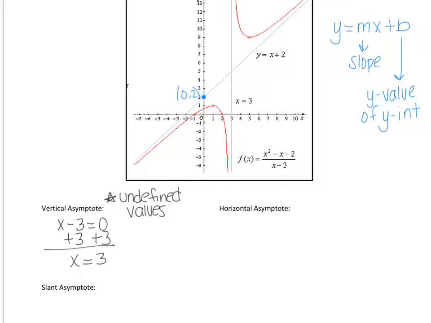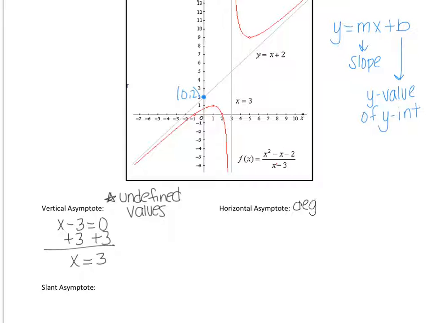Now, if we wanted to find a horizontal asymptote, we would have to look at the degree of the numerator and the degree of the denominator. The degree of the denominator is 1. So it says here that the degree of the numerator is greater than the degree of the denominator.